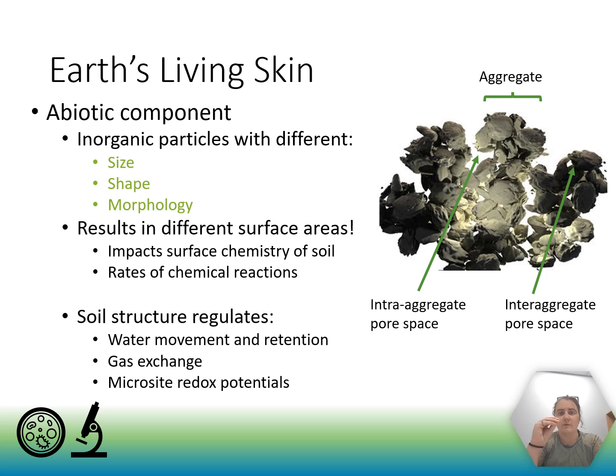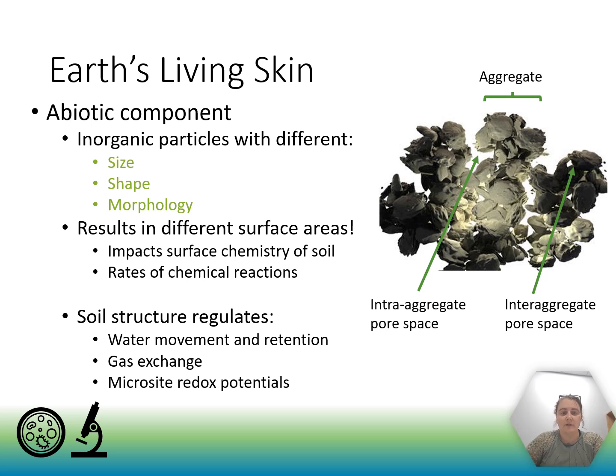And surface area is always super critical because it impacts soil chemistry, the rates of reactions, and how many microorganisms can cling to different surfaces. So soil structure helps to regulate water movement and retention within the soil, gas exchange within the soil, and any potential sites where we could have redox reactions occurring.